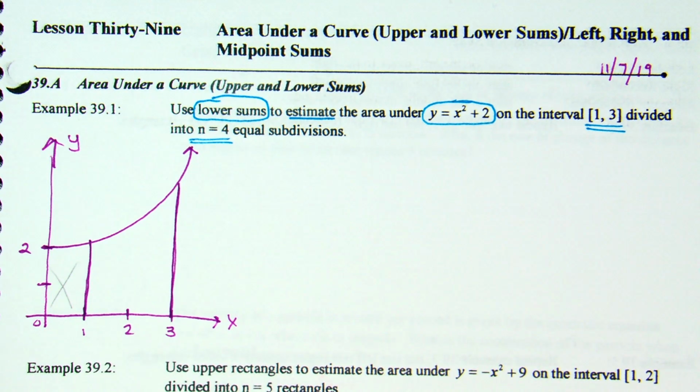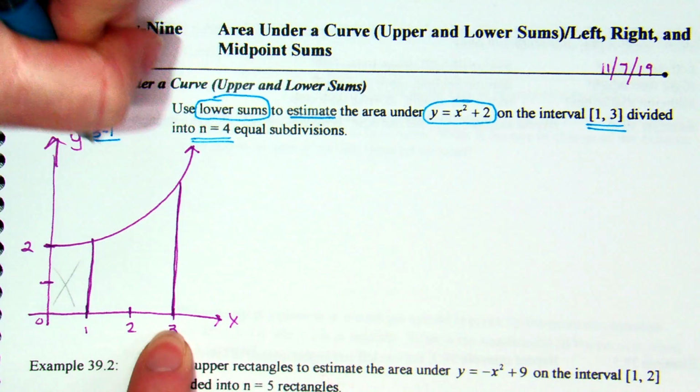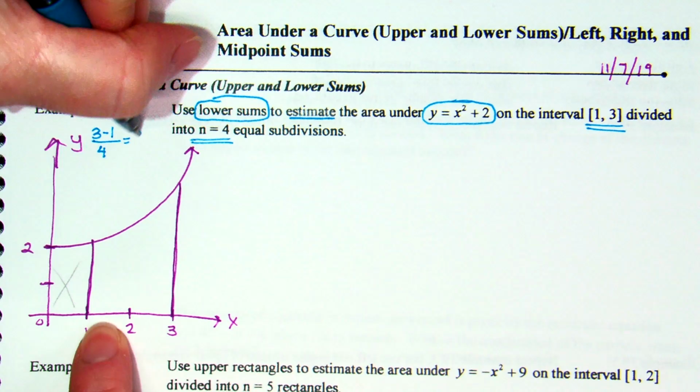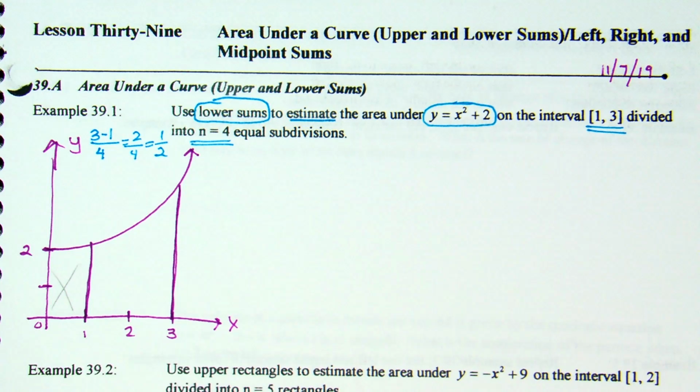Officially, what you would do to find that is subtract your endpoints, 3 minus 1, divide by how many pieces you're dividing into. So 3 minus 1 is 2, and 2 divided by 4 becomes 1/2. And so each equal subdivision is 1/2 wide.